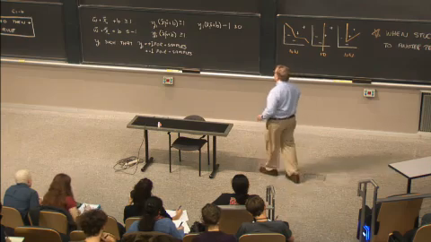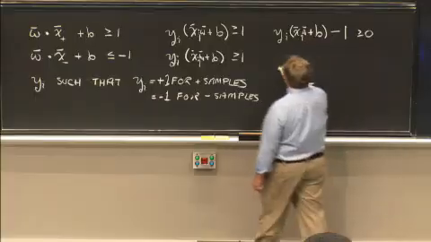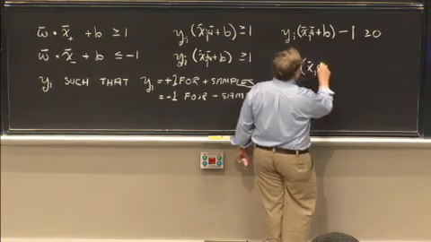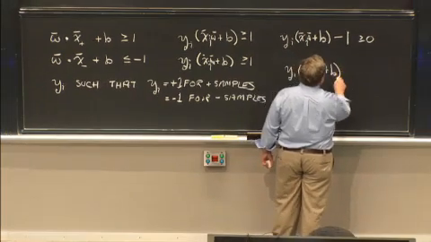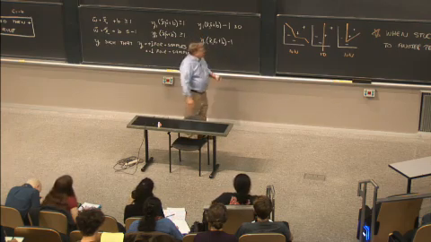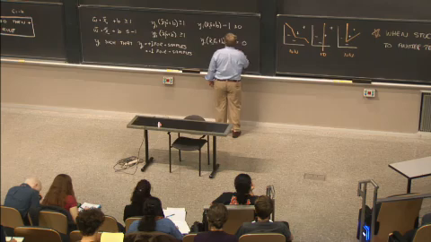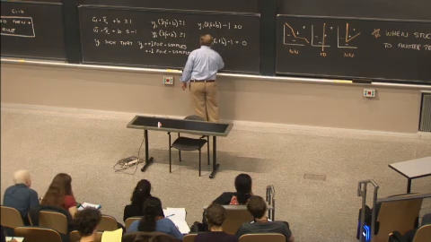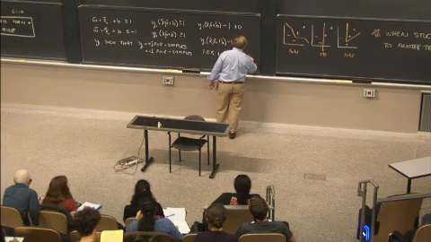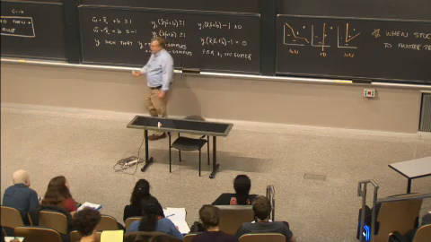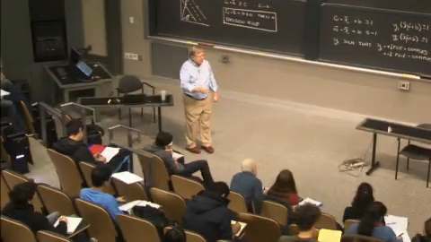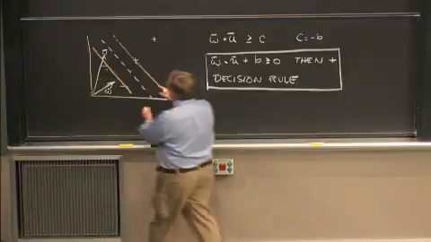But we're going to take one more step. We're going to say that y sub i times (x sub i dotted with w plus b) minus 1 is always got to be equal to or greater than 0. But for x sub i in a gutter, we're going to add the additional constraint that it's going to be exactly 0 for all of the samples that end up in the gutters of the street.